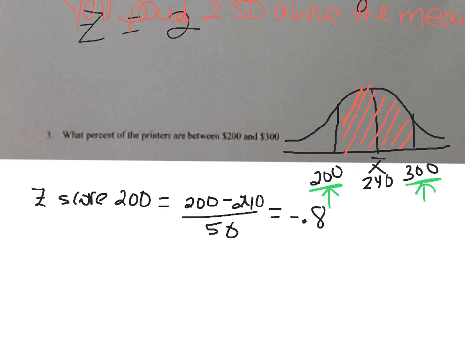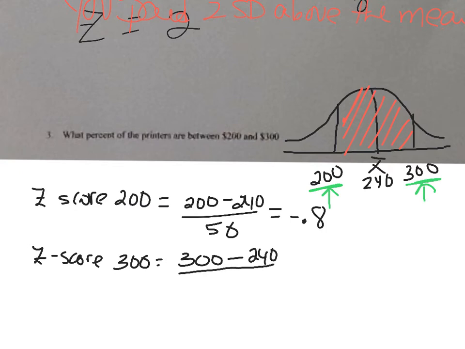Now we have to find the z-score for 300. That would be the value 300 minus the mean, which is 240, divided by the standard deviation, which is 50. So you plug that into your calculator and you get 1.2. So this one over here is 1.2.